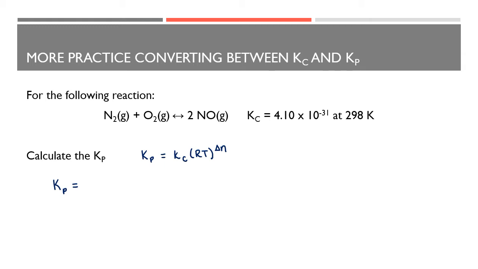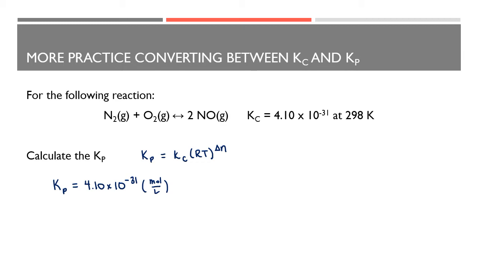So Kp equals, I substitute in my Kc, which is 4.10 times 10 to the negative 31st, and I'm going to multiply that by R, which is 0.0821. I'm going to put moles per liter in parentheses for that unit for Kc.